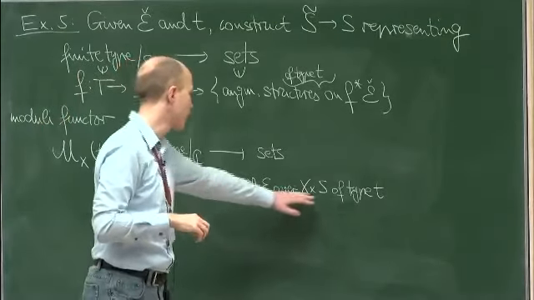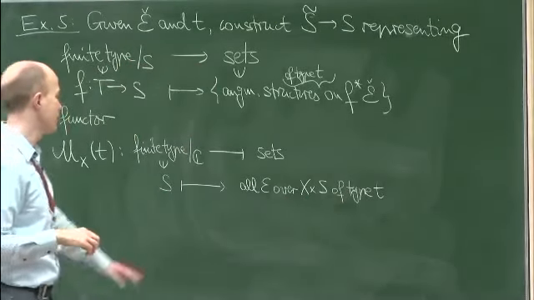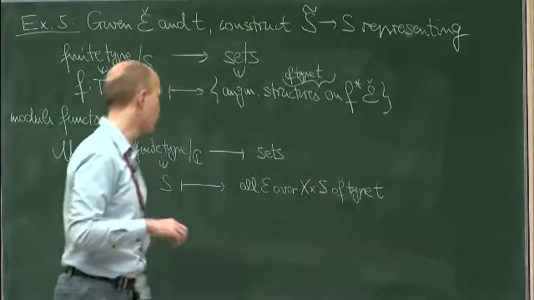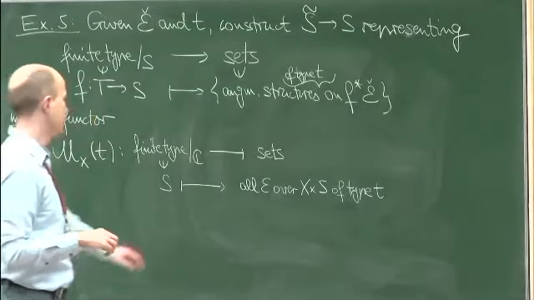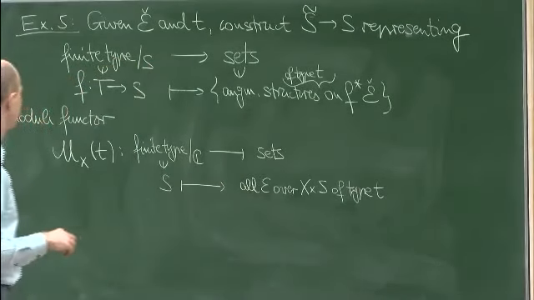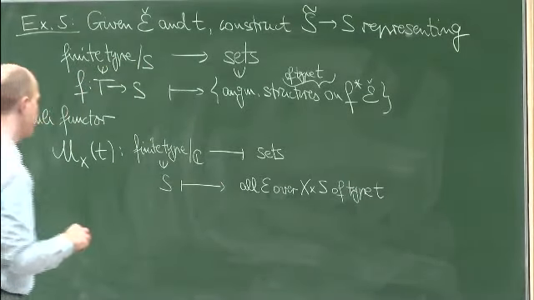So you take all families over X times S of type T at every point of S, and they're up to isomorphism. This gives you a set. This is the moduli functor.